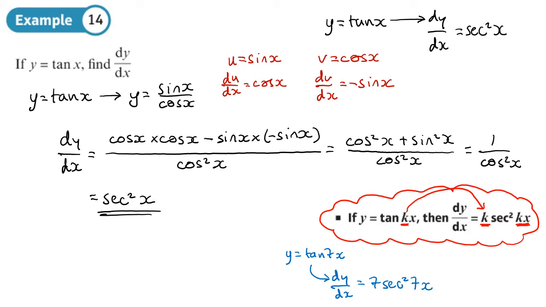I've not put k's in all of them because they're given in the exam formula booklet without the k's. But if you just remember this rule about trig of kx and how it can be applied, then basically you've got all those rules.